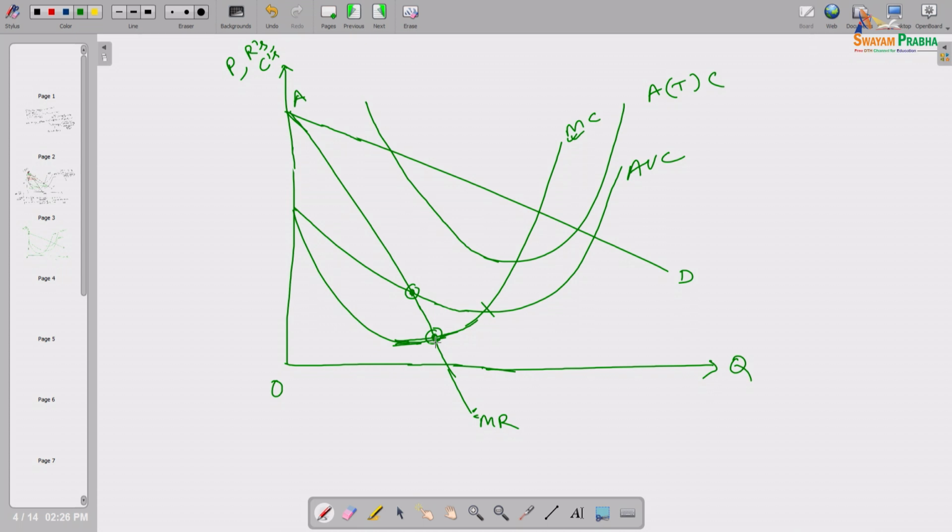So, since this is the equilibrium point, what is the implication of that equilibrium point? It is telling that this much output quantity the monopoly producer should produce, say suppose this is denoted by OQ star. Okay. Why are we taking the output quantity first? Because look at the profit maximizing equation, what was our choice variable? Our choice variable was the quantity.